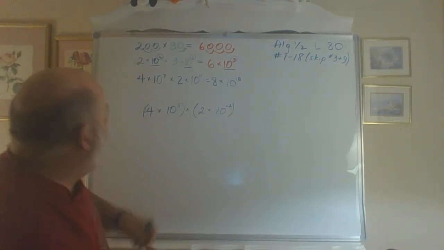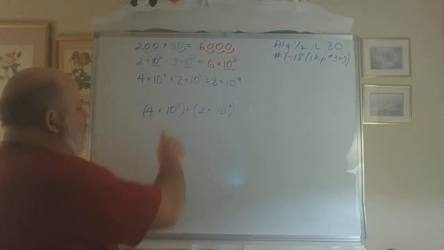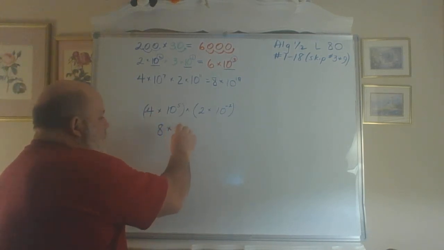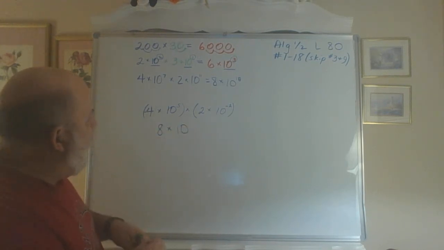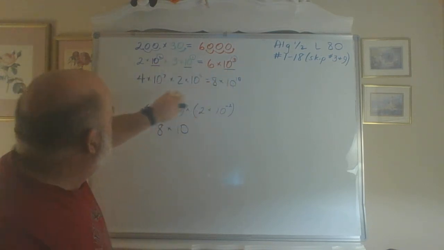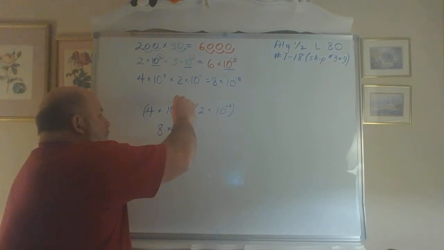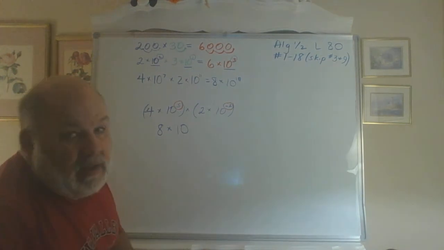Now, we already know what 4 times 2 is. I showed you there. So 4 times 2 is 8 times 10 to the, and all you have to do is add these powers. Up here we did 2 plus 1 to give us 3, 7 plus 11 to give us 18, but they do something a little different. They have 5 and they have negative 2.